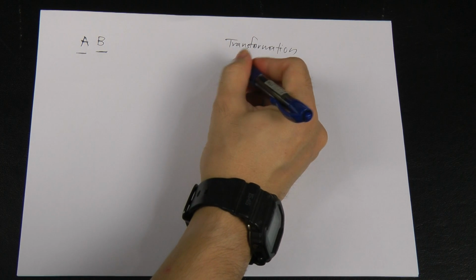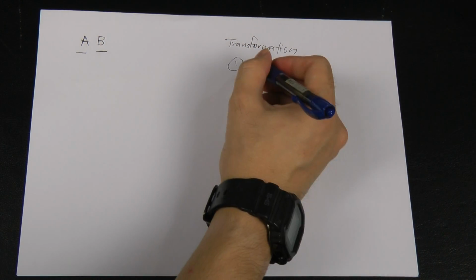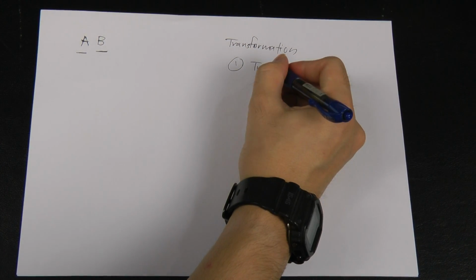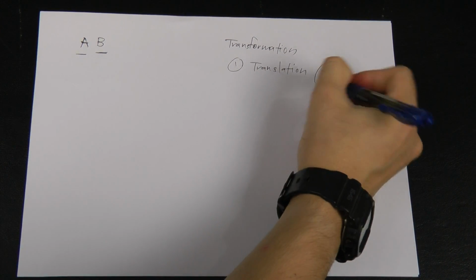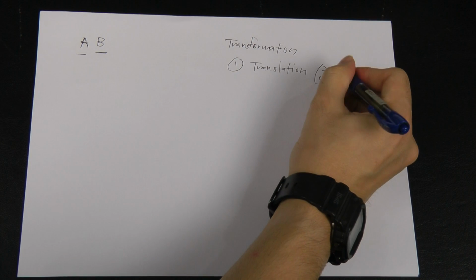We have four different transformations in math. We have translation, which is the easiest one, moving in the X and Y.